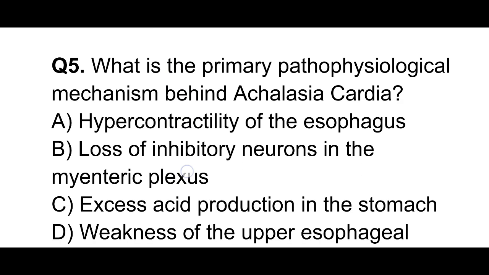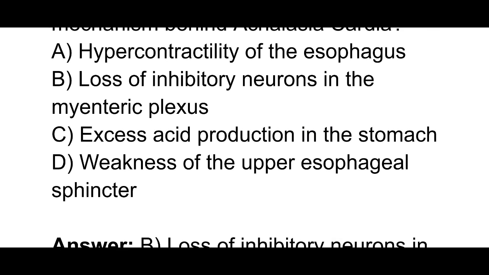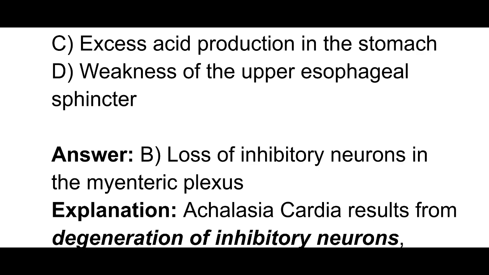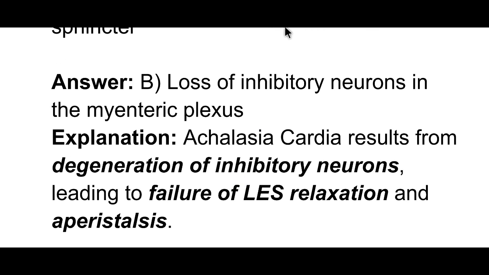Now question 5. What is the primary pathophysiological mechanism behind Achalasia cardia? The answer is loss of inhibitory neurons in the myenteric plexus.